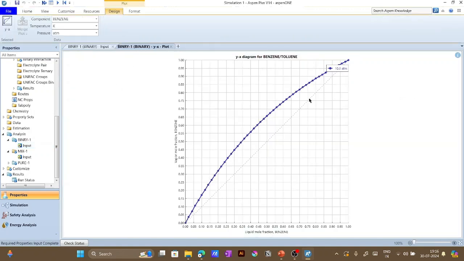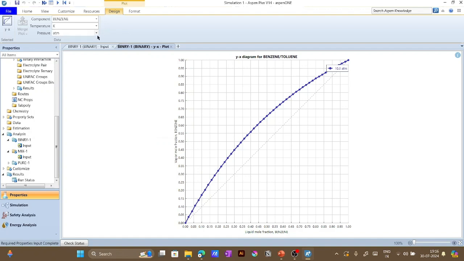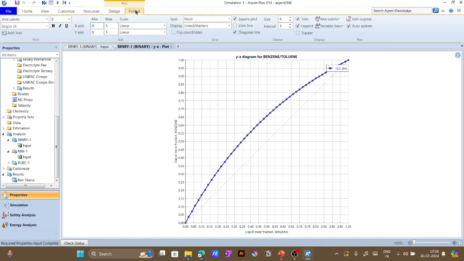It should have some option. I'm just not sure from where. Edit legend should track. I'm not sure as of now, but let me look into it and answer you next time if possible, right? Okay. Thank you.